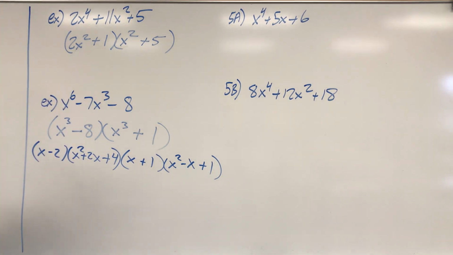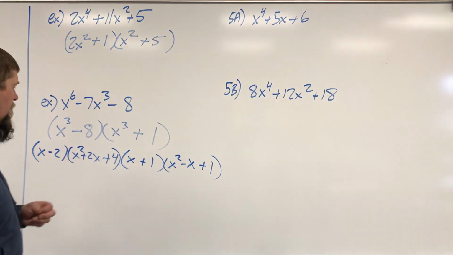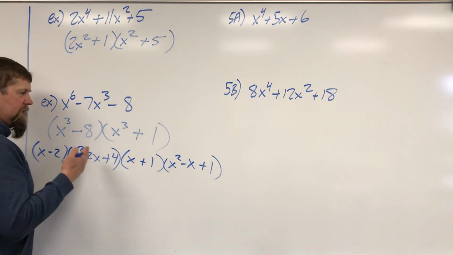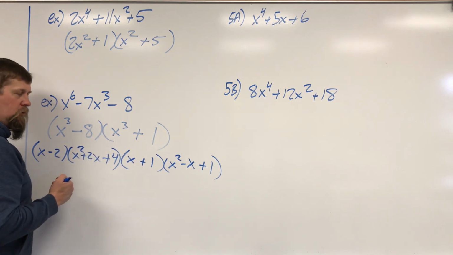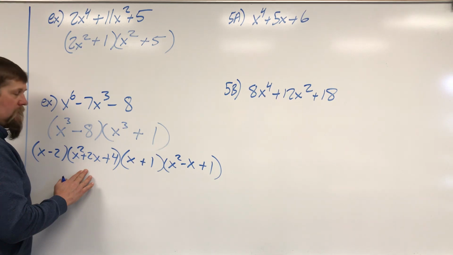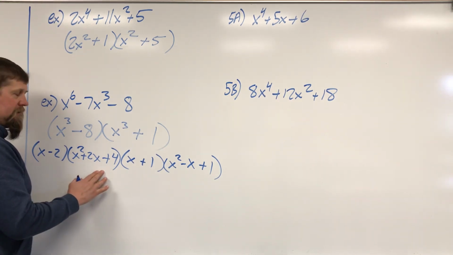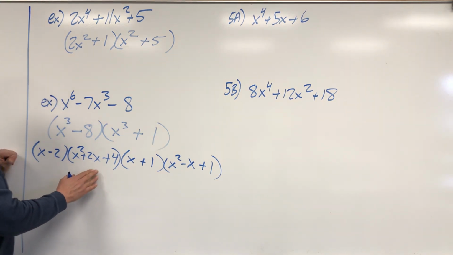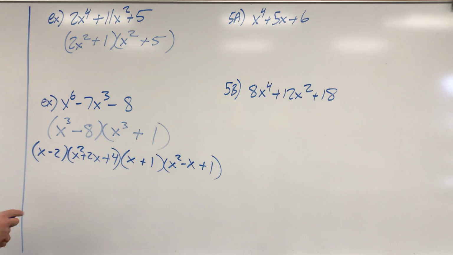Those are the factors of each of these. Now, something you should also know when doing sums and differences of two cubes is that the quadratic part is never factorable. So I know I'm done.